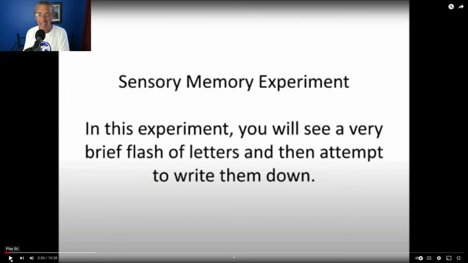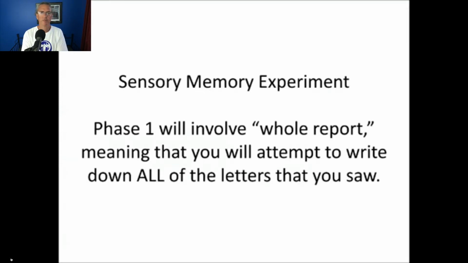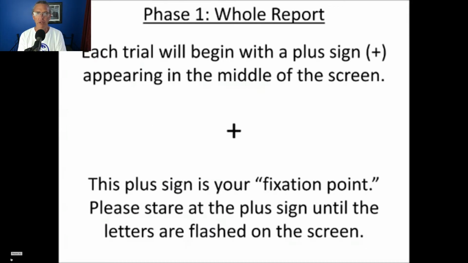So as you're trying to consciously capture what your mind saw, let's just play this for a moment. You're going to see about 9 of these letters in a 3x3.